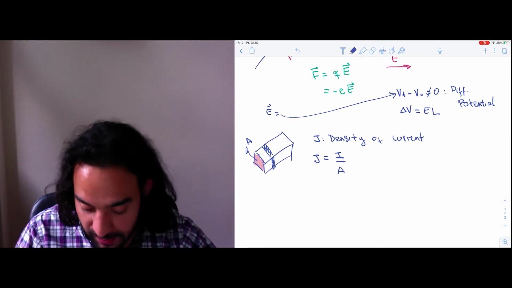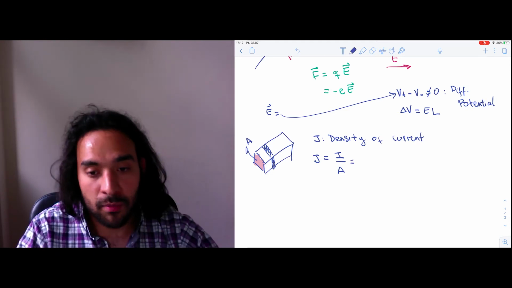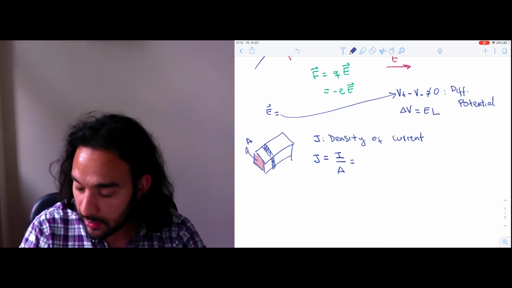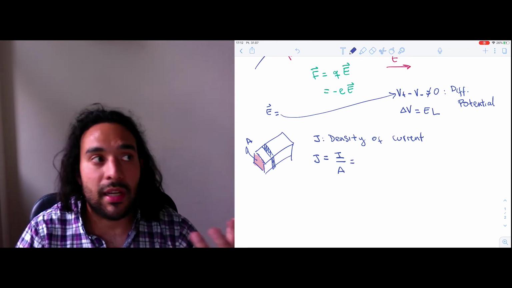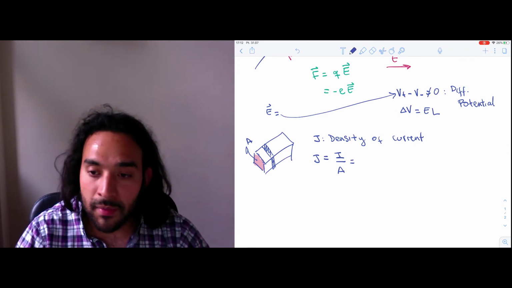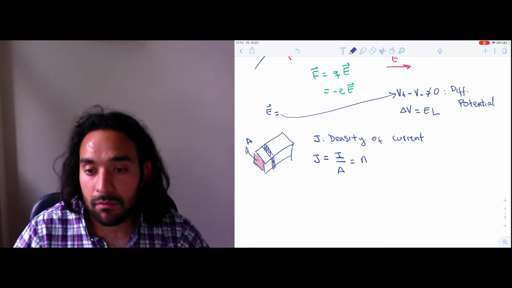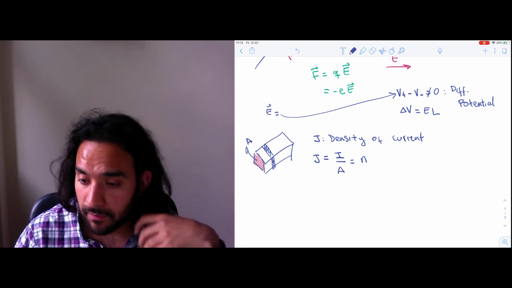And now, whenever we have this current, it's because we have some electrons that are moving from one place to the other, right? Now, in this material, we have the electrons occupying the matter with some density, right? So if we say that we have a density of electrons n, because why not? We can have an arbitrary density of electrons.